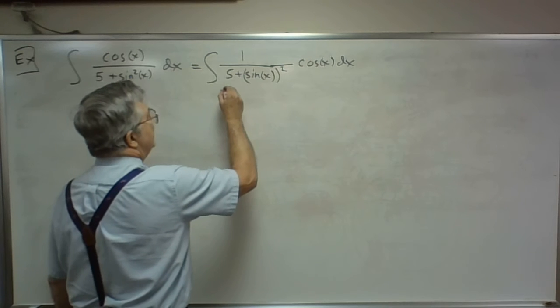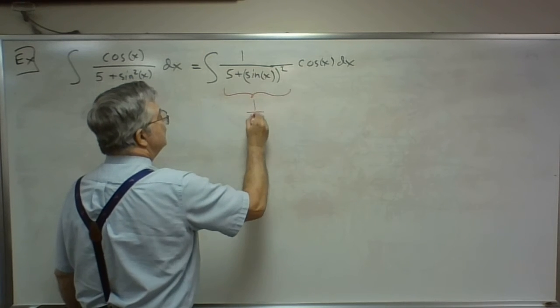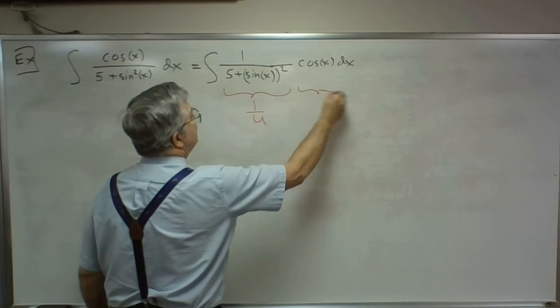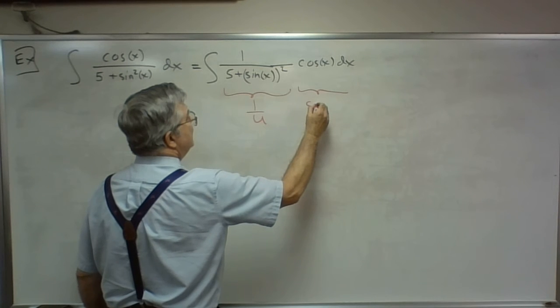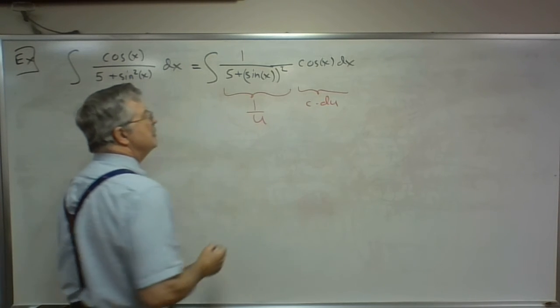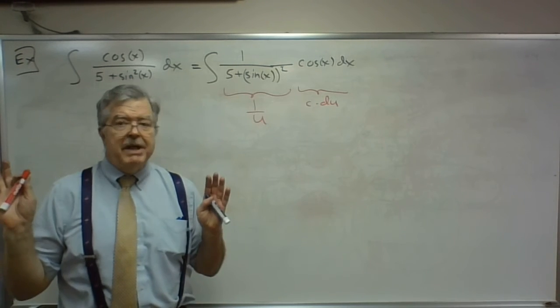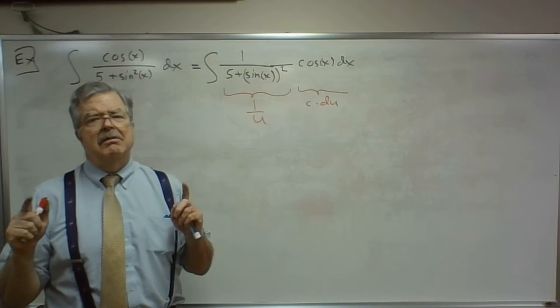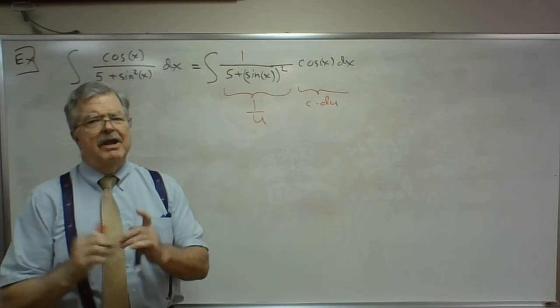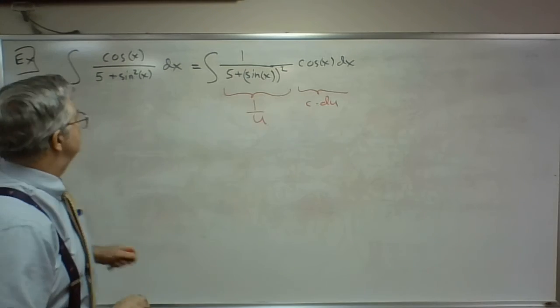Can I say that this is 1 over u, and this is some constant times du? Can I do that? Maybe I can. Let's just chase this down and see where it leads.